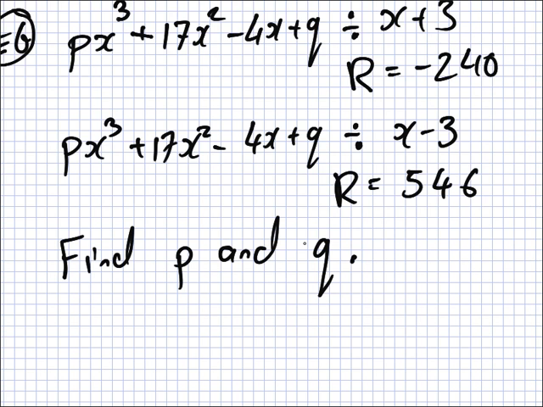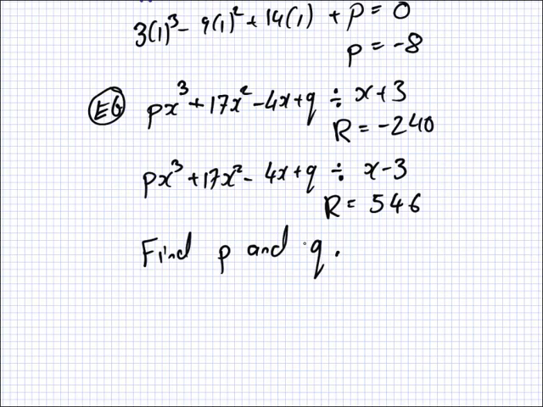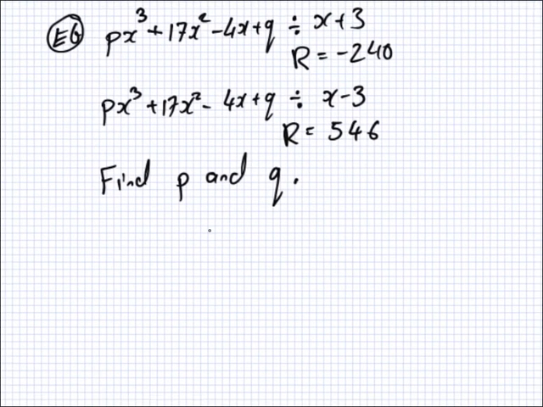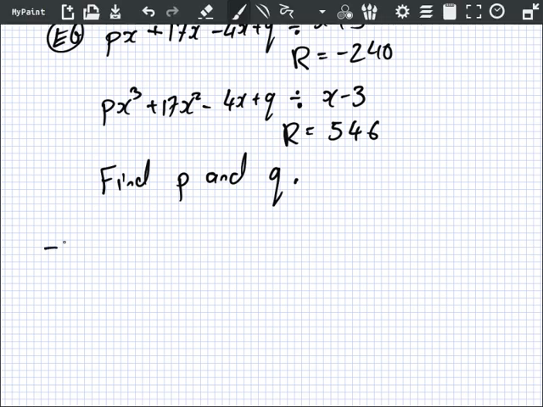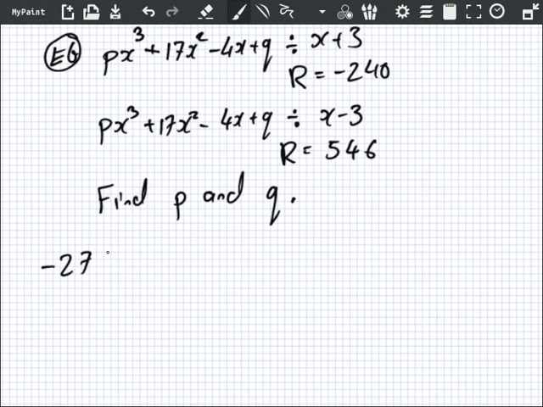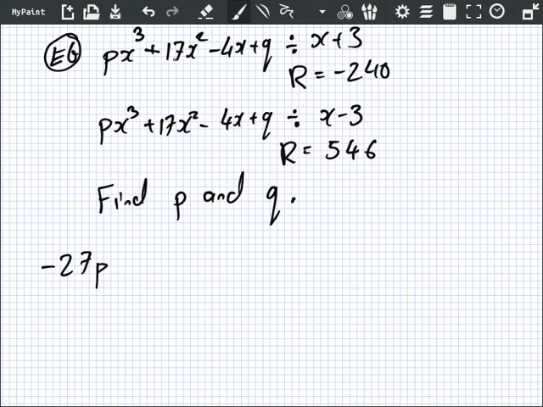Yeah. Now, let's quickly do this one. So, what do you do first? Well, sub in what value of x first? Minus 3. Minus 3 cubed? Minus 27, isn't it? p. And then what is 17 times minus 3 squared? 153?